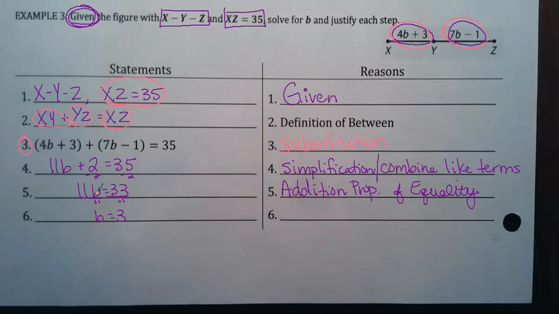I know it seems backwards, but the multiplication property of equality. I hope y'all can read cursive. Again, if not, at least write it down as I'm saying it, or you can back it up and hear me say it again. So the multiplication property of equality.